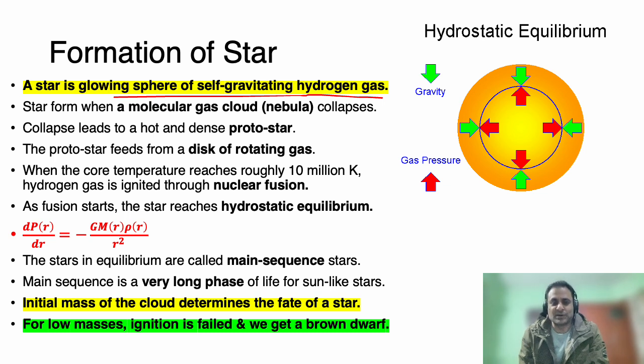So our question is how stars form. Initially, there is a gas cloud. It's not burning yet. It's not producing any energy or light. But if this gas cloud can collapse, and there are many reasons why these gas clouds can collapse.